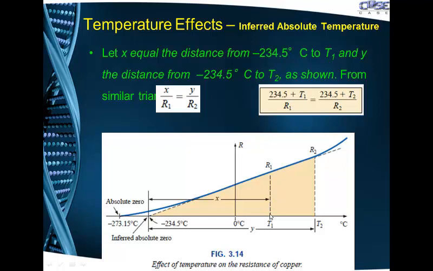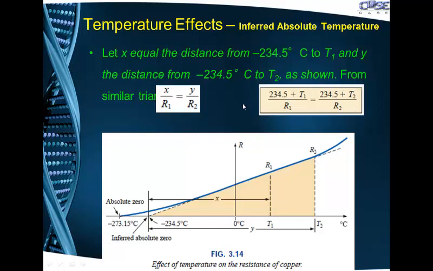So if I know the value of resistance at temperature T1, I can determine the value of resistance at temperature T2. If temperature increases, the resistance would increase. For conductors, I know the resistance would increase. How much it will increase, that I can compute using this relationship.